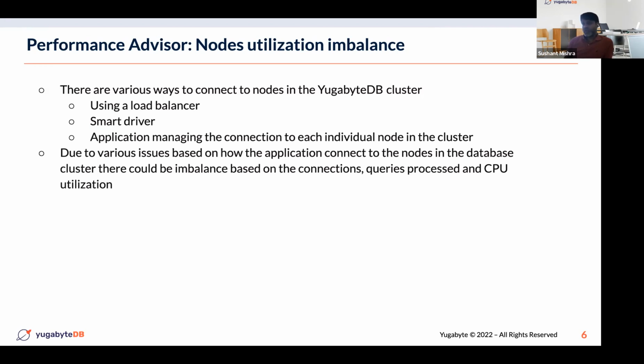It could be due to a bug, or it could be just the application not really using all the nodes in the cluster. So as the next set of recommendations, we implemented auto detection of some of these common scenarios and raise recommendations for them.